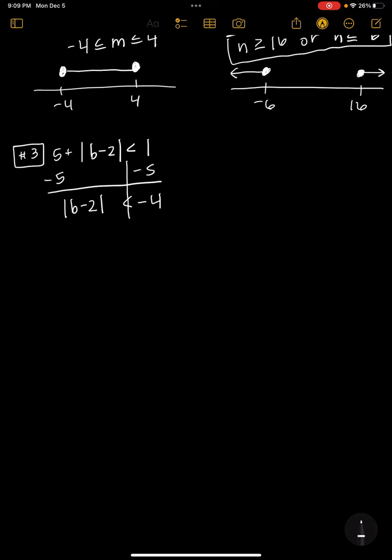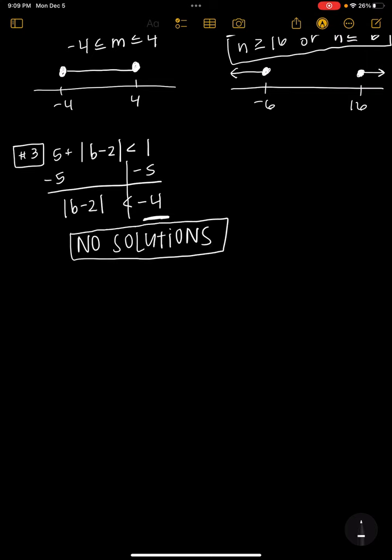And so automatically I can just tell you that my answer is no solutions in this case because of this negative 4. We cannot have an absolute value already automatically set equal to a negative number. So when we graph a no solutions answer, it would just not be a graph. You just wouldn't even graph anything.